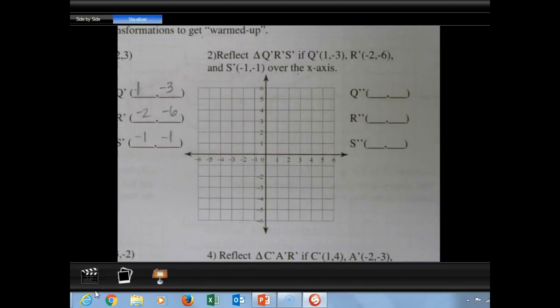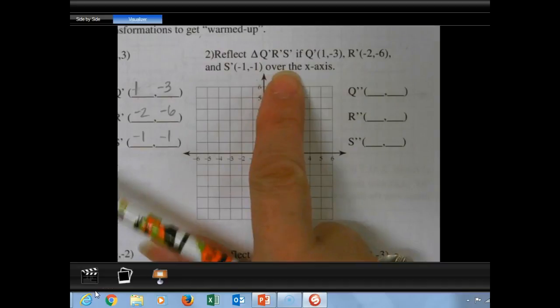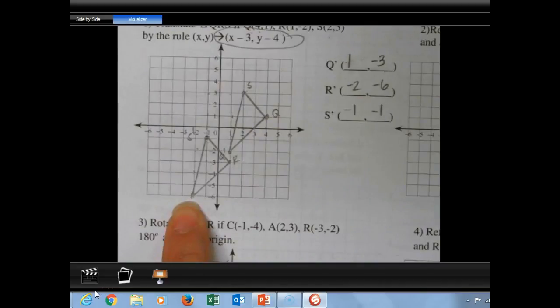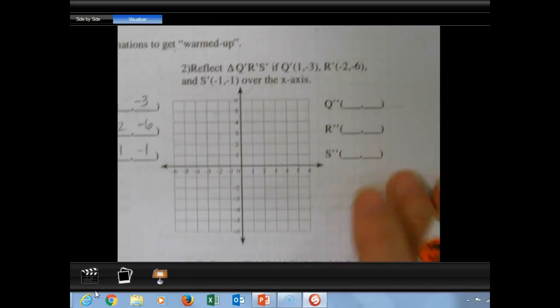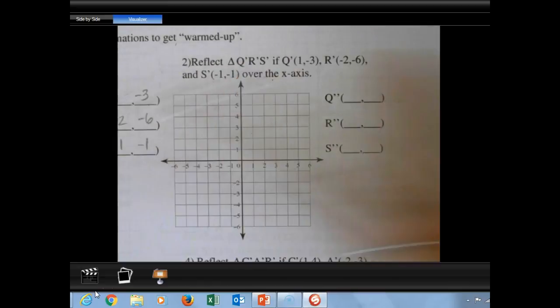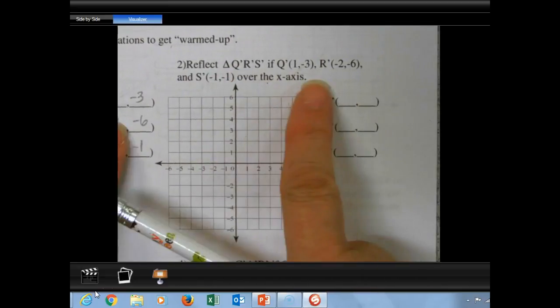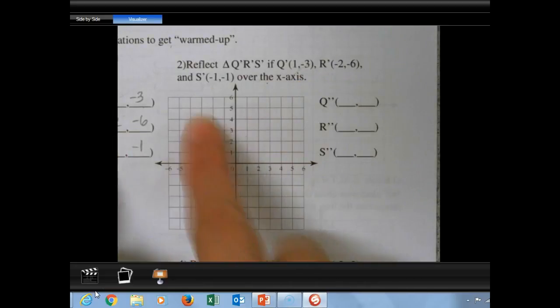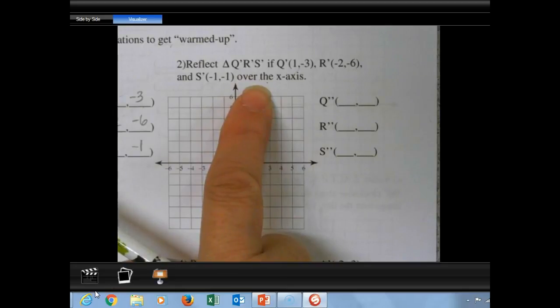Here's where we have another transformation of the same figure, QRS. We're going to take our Q'R'S' and perform this transformation. So now it says Q prime, R prime, S prime. And here we have our numbers, right? And we're going to do a reflection.